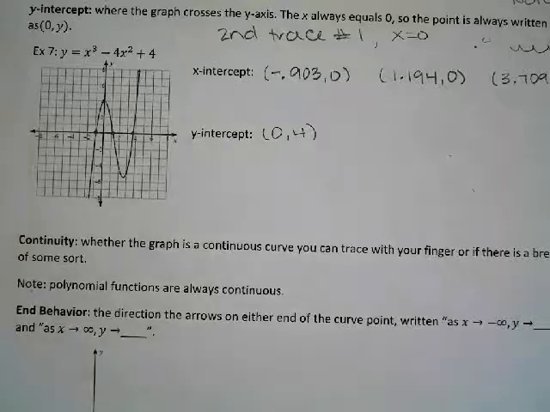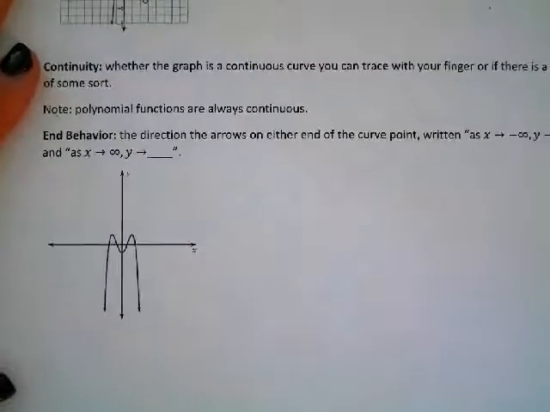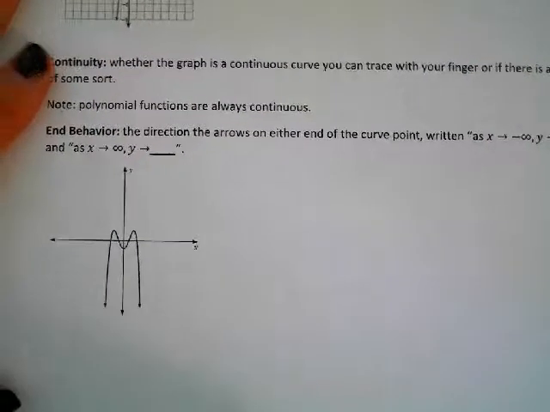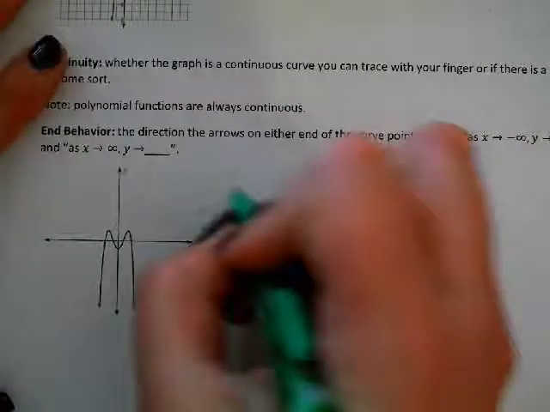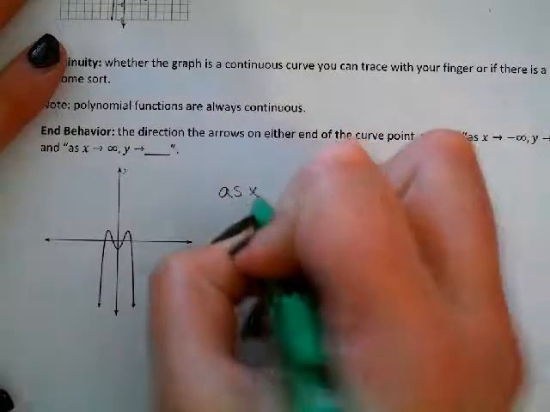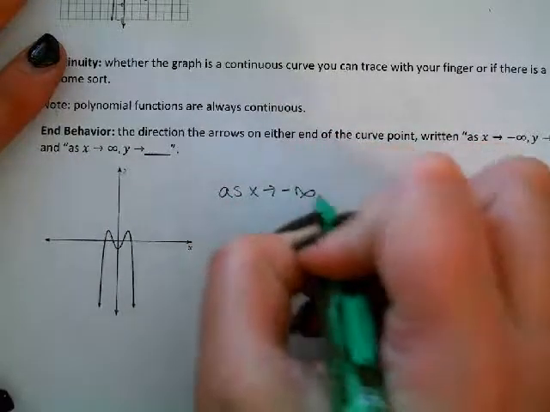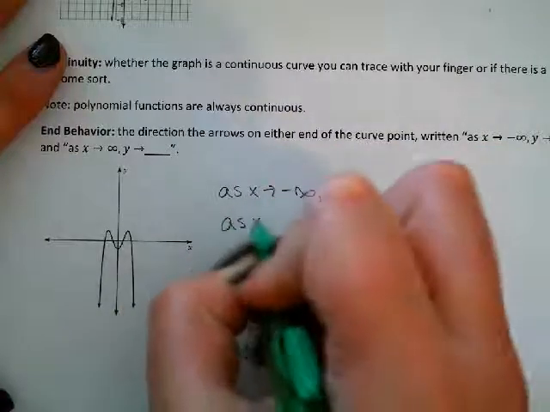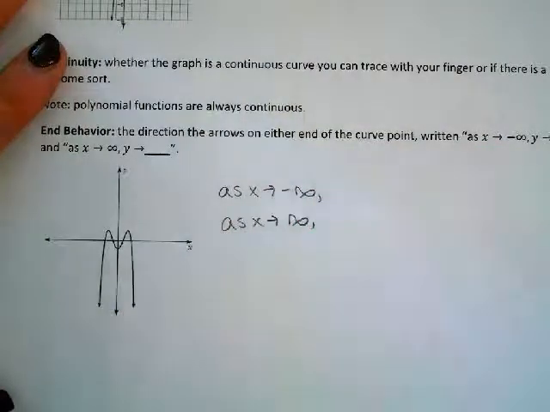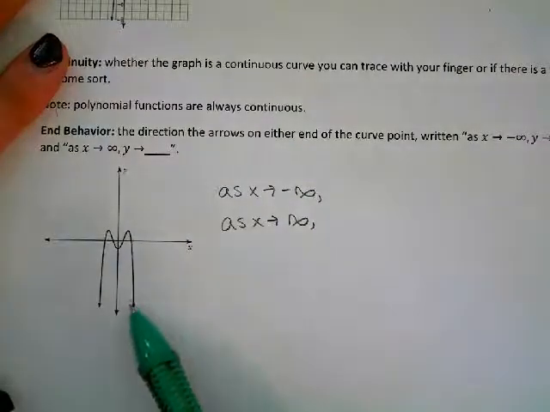I only wrote one example down here, but we know from sketching them ourselves that the arrows can go all sorts of different ways. So at this point, hopefully end behavior is getting a little bit boring for you. But these don't have any of the fun or exciting answers. These are kind of the boring ones. So here I had a polynomial that had an even degree with a negative coefficient, so both arrows are going down.